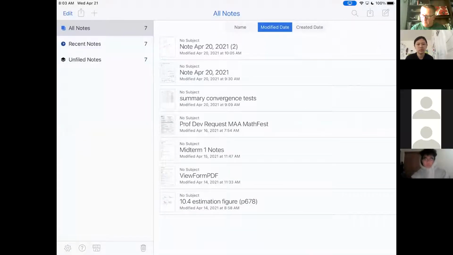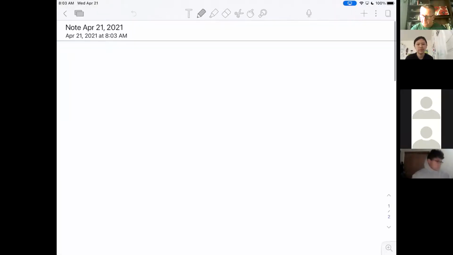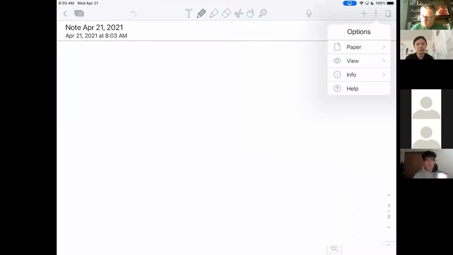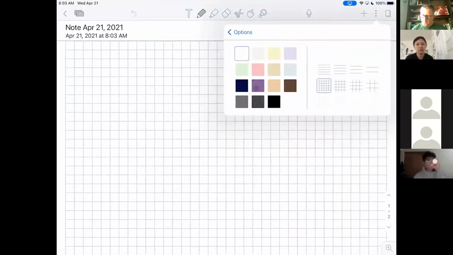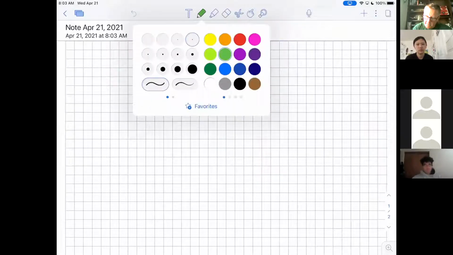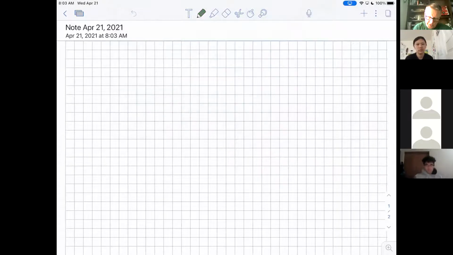What about that? I'm in the mood to write on graph paper again. The engineer in me. So the final frontier, 10.7, the ratio and root tests.